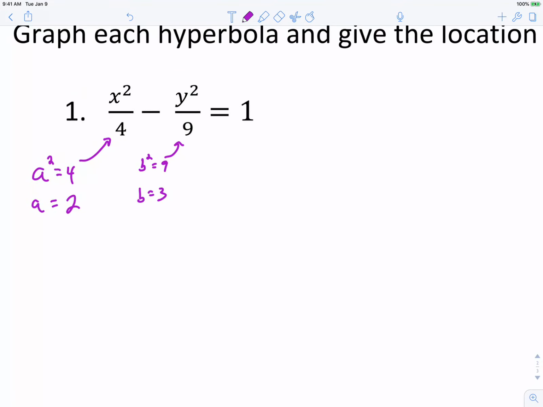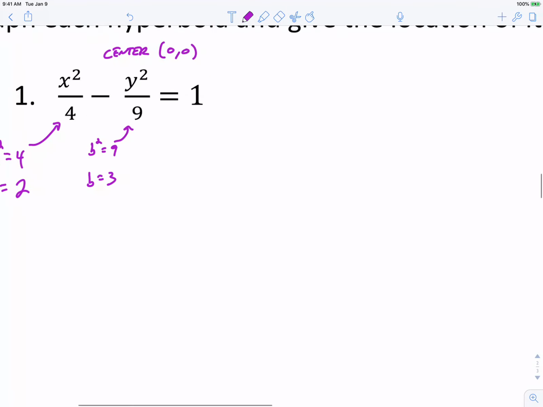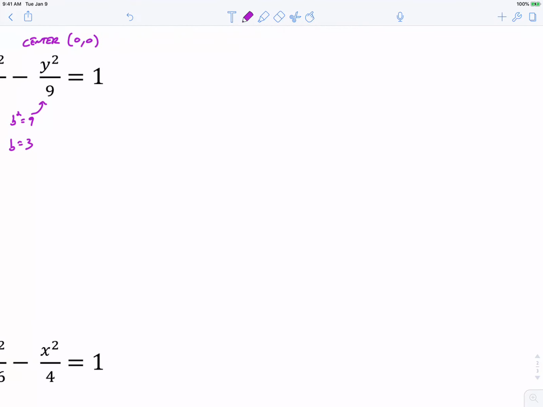I know the center for this one is at 0, 0. I should have pulled graph paper in for this one. These can get a little messy. I'll try to be very careful with my spacing here. You should do the same. So our center is at 0, 0. I'm going to try to make sure I'm really keeping my increments pretty accurate.